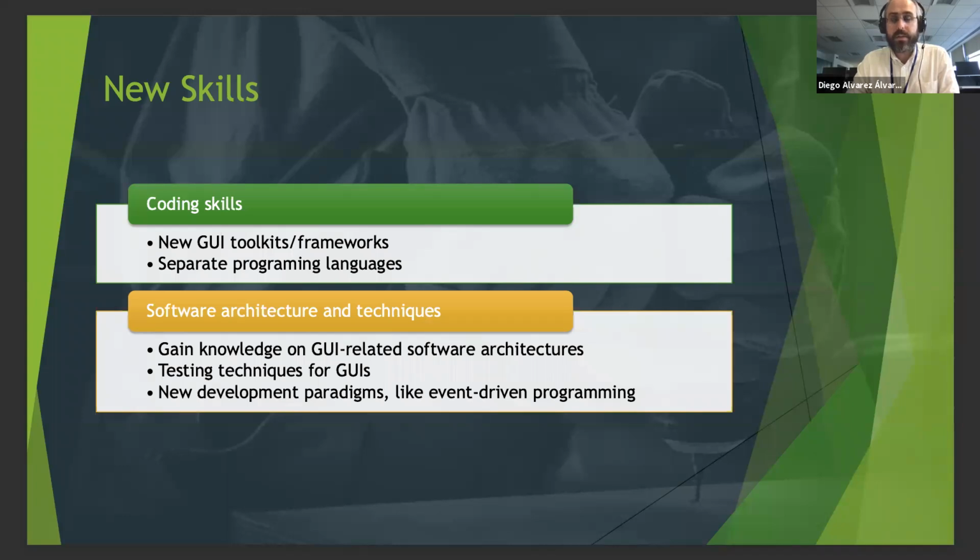Some of the common GUI frameworks let you, and it's not compulsory, create the graphical interface with some sort of declarative language rather than whatever you are using, C or Python or whatever. There's this separation of languages. You can see it very clearly in the web stack. You have CSS and HTML, which are used for something entirely different from JavaScript. So you have 3 different languages to create one single application.